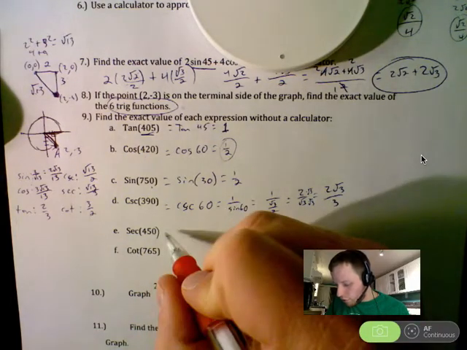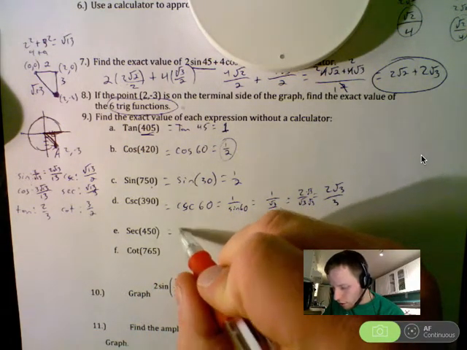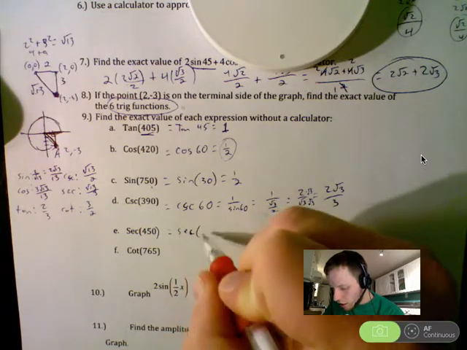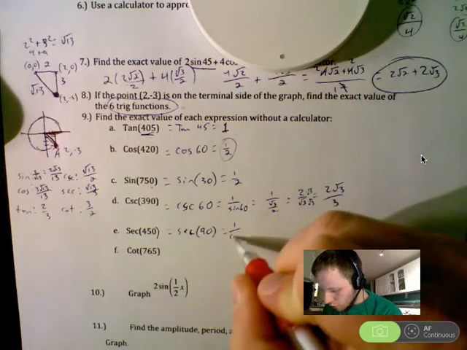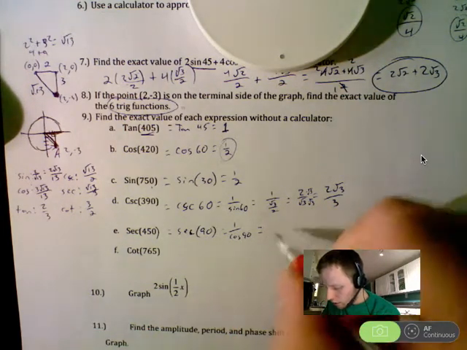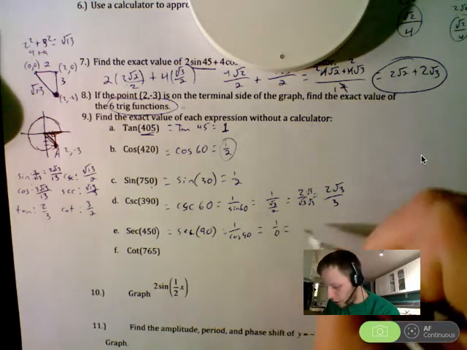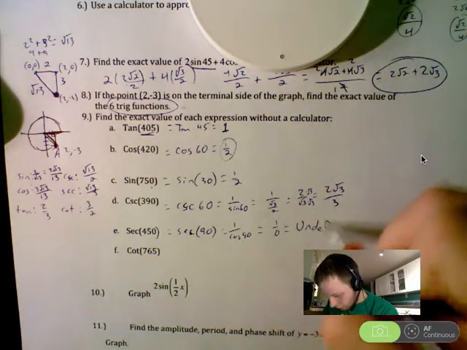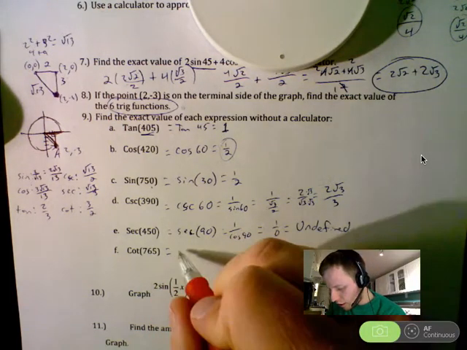Secant of 450 is the same as secant of 90, which is the same as 1 over cosine 90, which is our x value, so 1 over 0, and you can't have 0 in the denominator, so undefined.